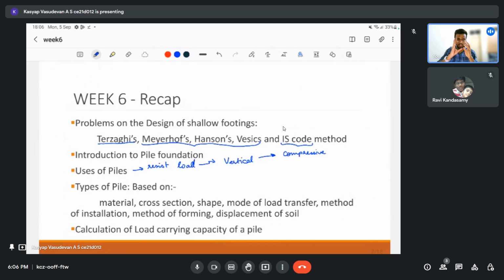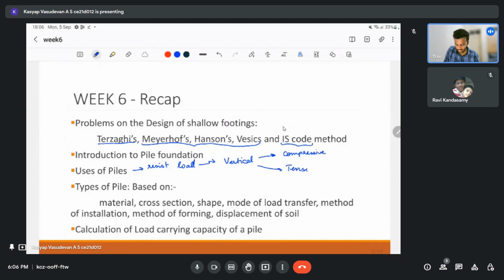It resists by bearing at the bottom, and also with its vertical surface around it, the friction between the soil and the pile material surface provides resistance. Depending on that, we can call it an end bearing pile or a skin resisting pile. So when we say vertical, it can be either compressive or tensile.